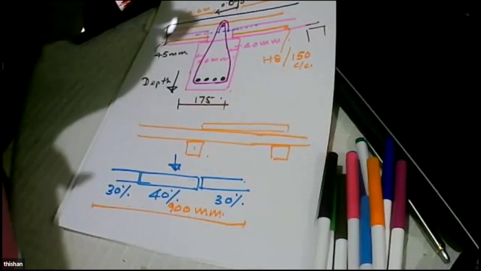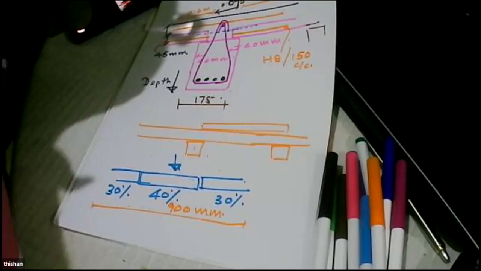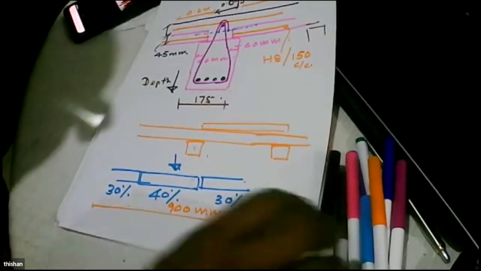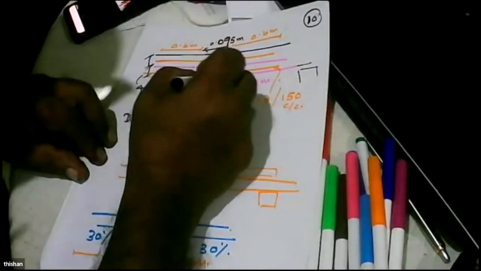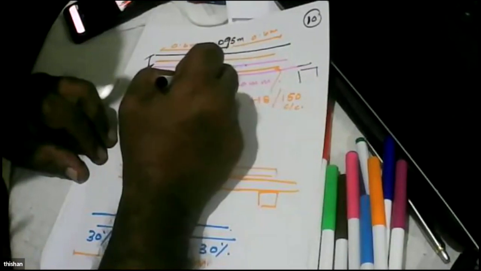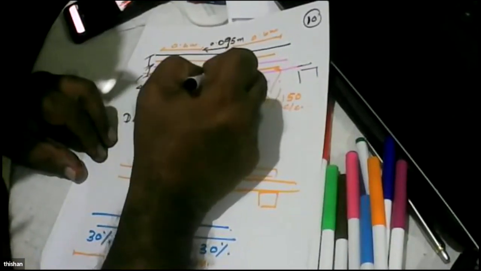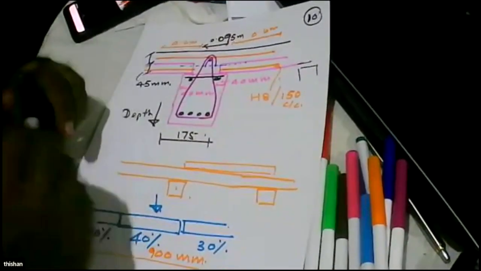The bearing, we have proven with testing. 40 millimeter bearing is the minimum, and anything more than that is more than sufficient. Can you remember? We have put two reinforcement here. That is to cater for this. We put a reinforcement here, and then this is a reinforcement. So because of that, there's no bearing issue.